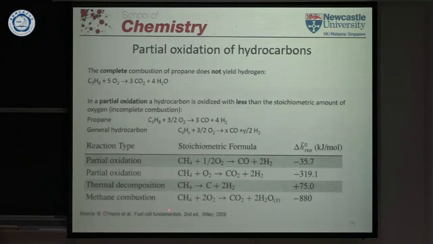And then the complete oxidation of methane, that's the combustion reaction, that would be this one, that's comparable to what we have here, is that you use actually a stoichiometric amount of oxygen, then form CO2 and just water. And you see that's a reaction heat. So you get a lot of heat actually out of this reaction when you have complete combustion.